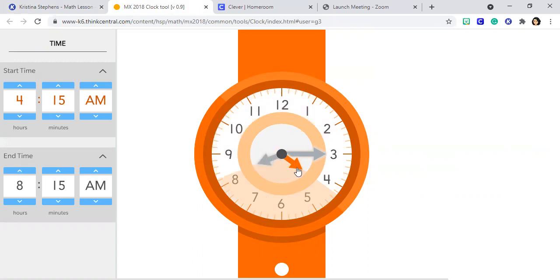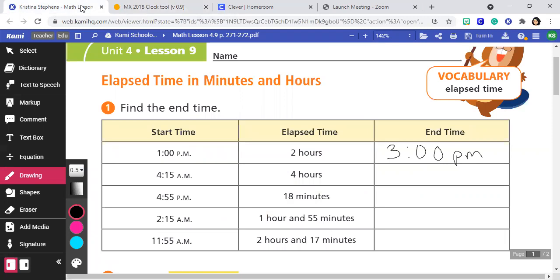Let's take a look here. How many hours have gone by? Well, we're going from 4 to 5 to 6 to 7 to 8. Yep, that's definitely 4 hours that have gone by. So the new time after 4 hours is 8:15 a.m. And so I'm going to record that here.